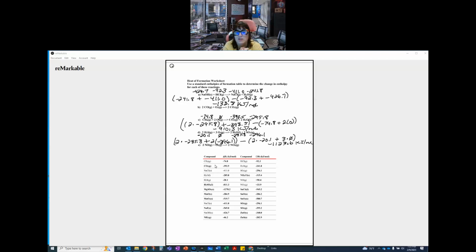I am not paying any attention, just so you know, to significant digits at this point. I'm just using whatever they gave me. In the event that I needed to deal with that, I would deal with it at the end of doing all of this, but I am not dealing with any of it at this point. Everything that I see here has one decimal place.